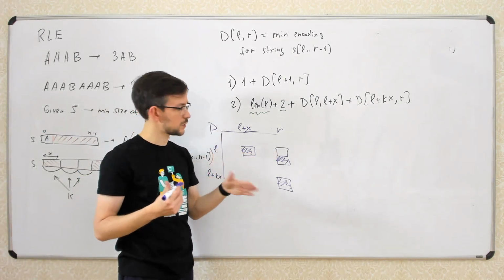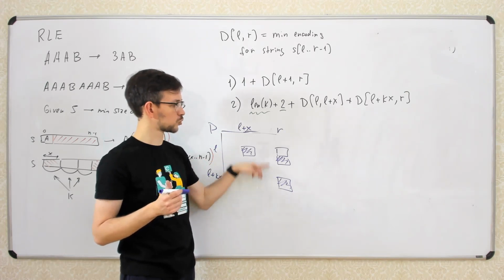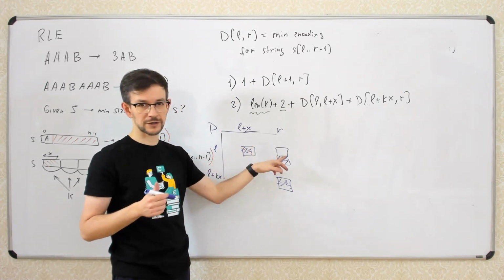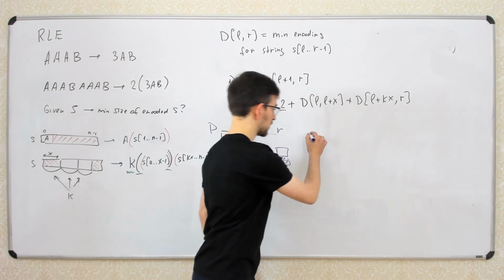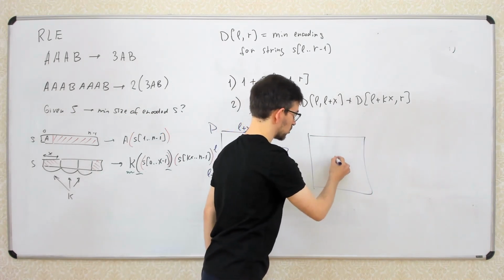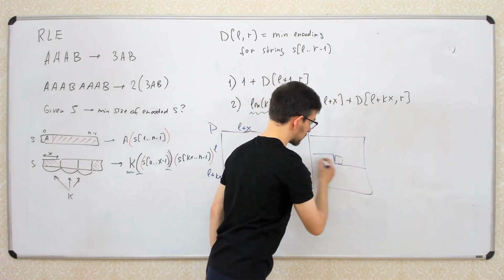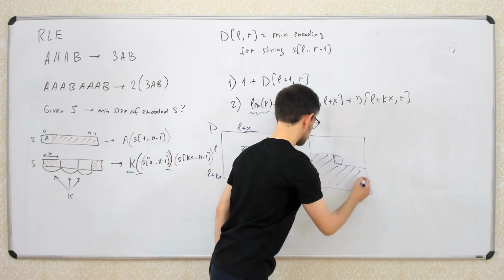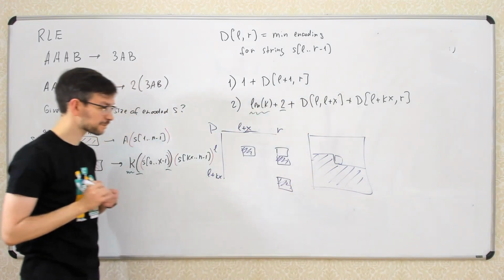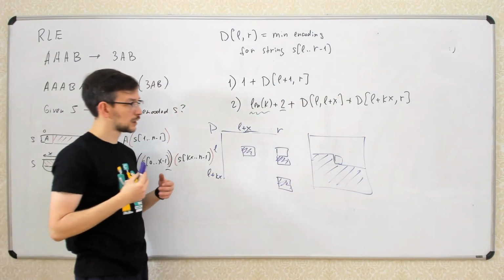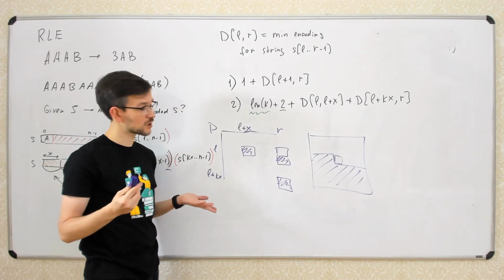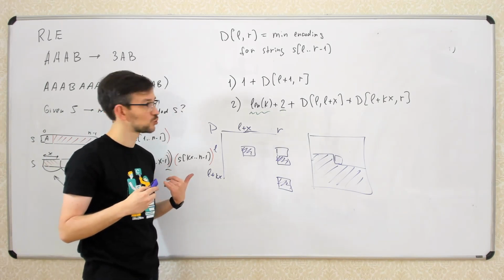You can do it pretty easily. You just go from bottom to top and from left to right. So when you need to calculate this cell, you already have all these cells calculated. That's the easiest way to do this.